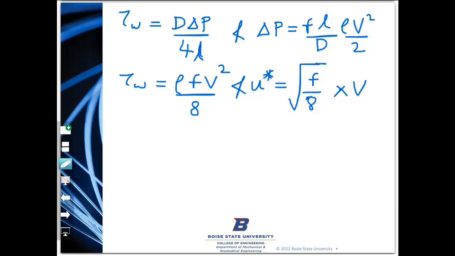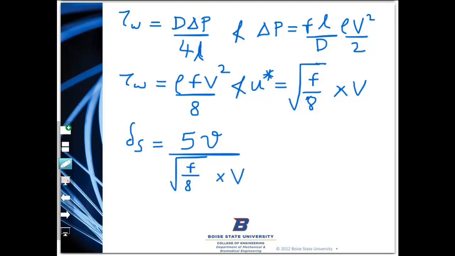Then if you substitute that in delta S, you get 5 times nu over the square root of F over 8 times the velocity.